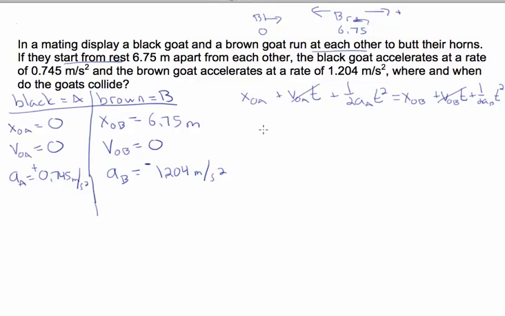So 0 plus 1/2... run out of space there. So, and I'll simplify it a little bit. Do the 1/2s.